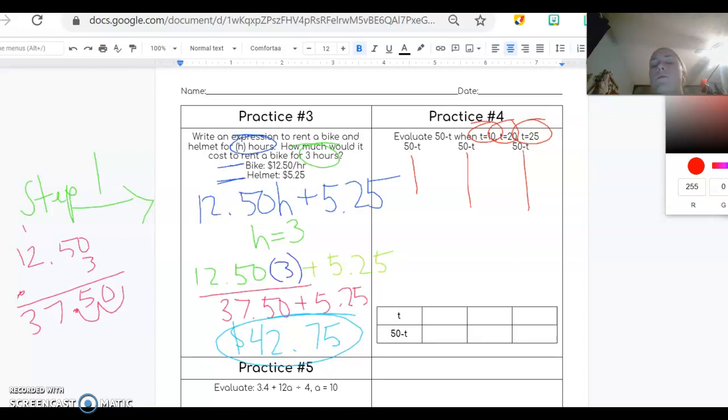Now, sometimes when we solve the same expression, 50 minus t, for multiple values, we make a chart. So down here, I see this chart t, and I see 50 minus t at the bottom. I'm going to write in 10, 20, and 25. Those are my values for t. When I solve my 50 minus each t, that's what I'm going to write on that bottom row, okay?